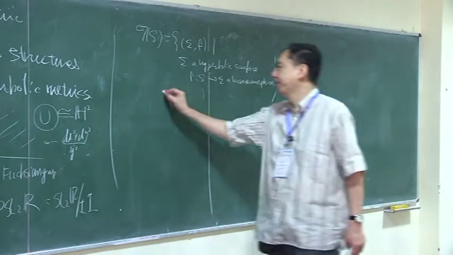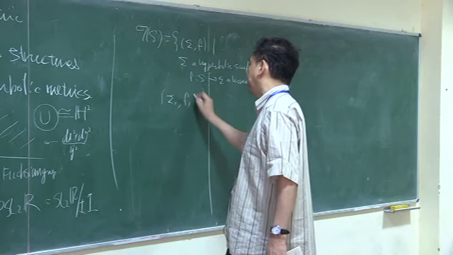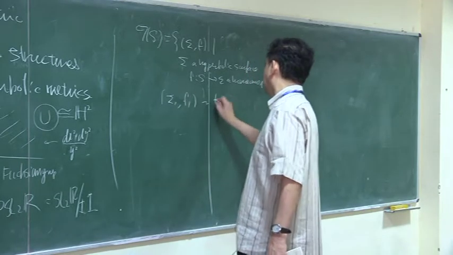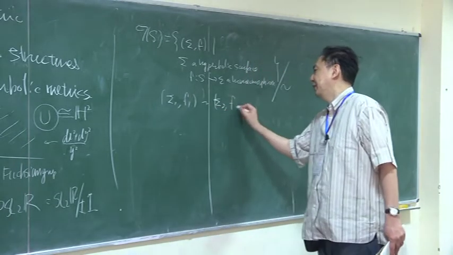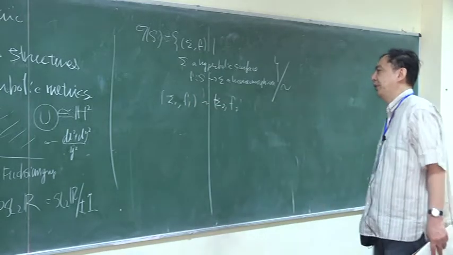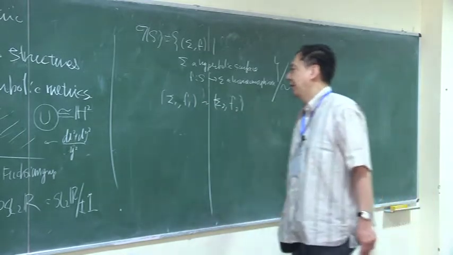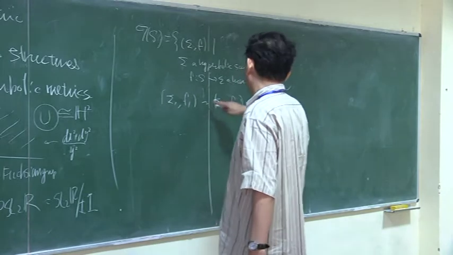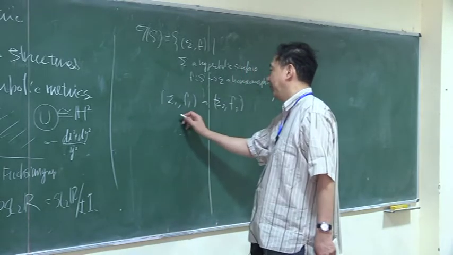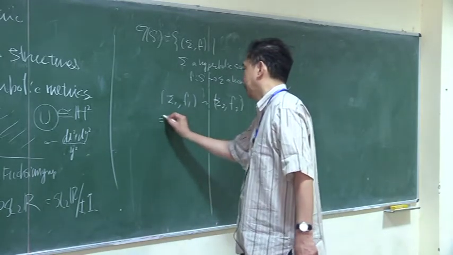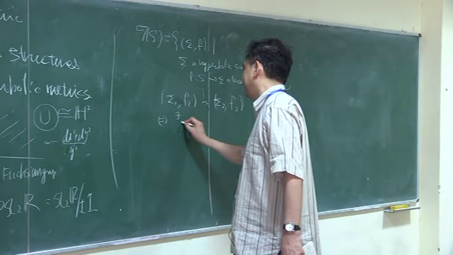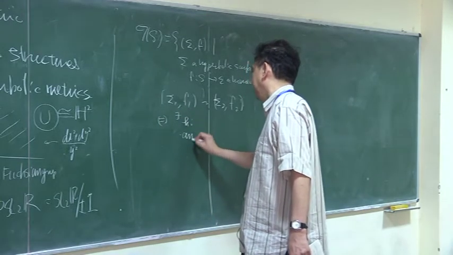Two pairs, sigma 1, F1 and sigma 2, F2, are related by this tilde when there exists an isometry.